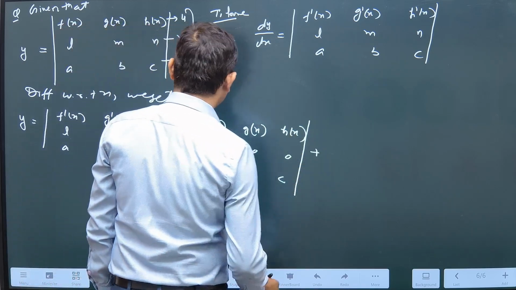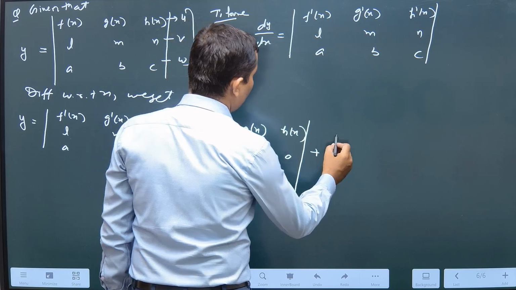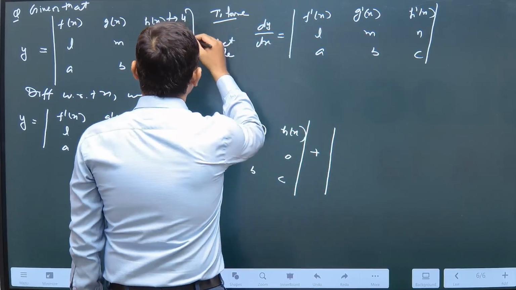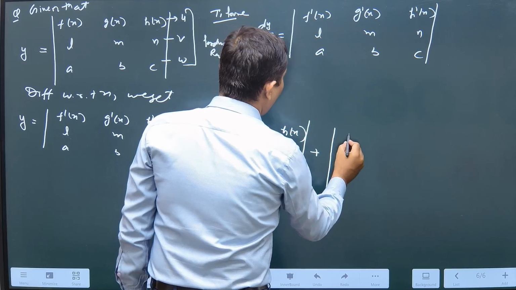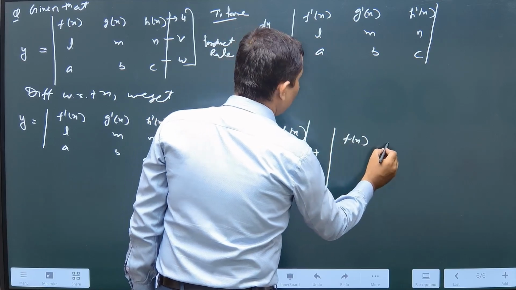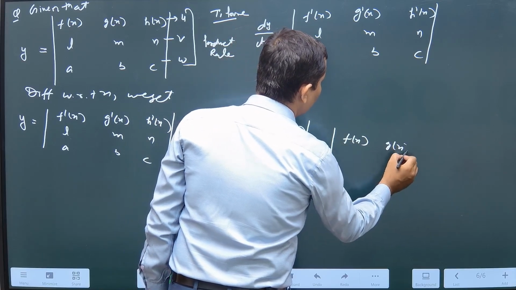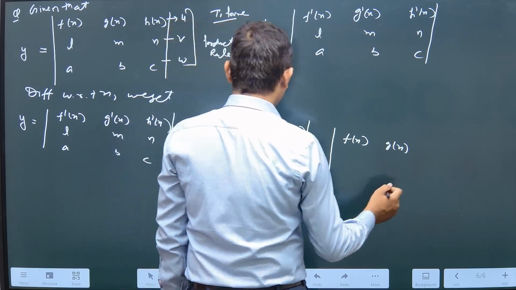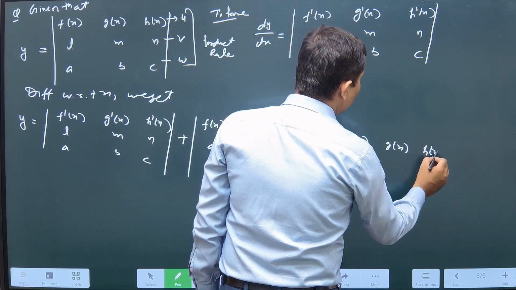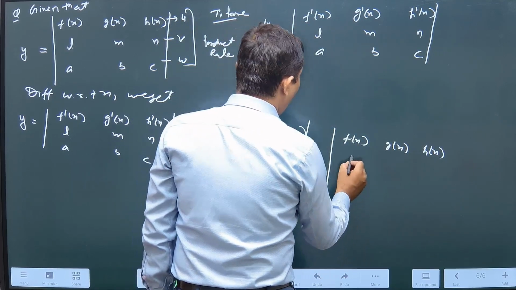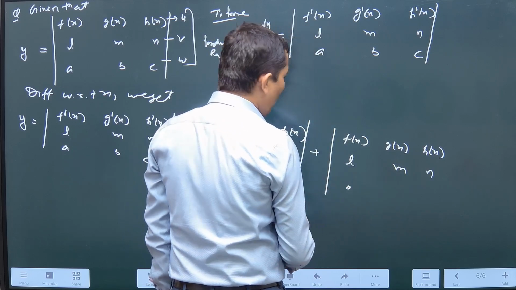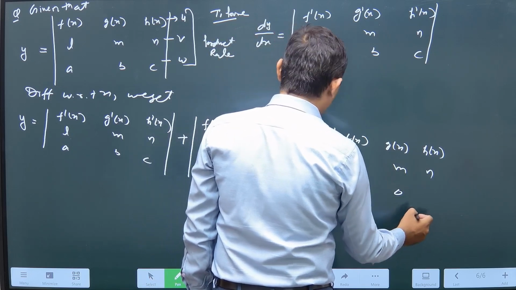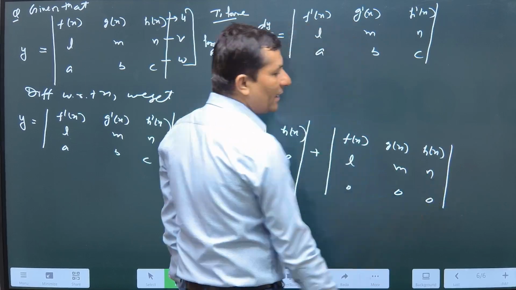plus uv, derivative of w, f of x, g of x, then h of x, L M N. Derivative of constant is 0, b also is constant, c also is constant, so their differentiation is 0.